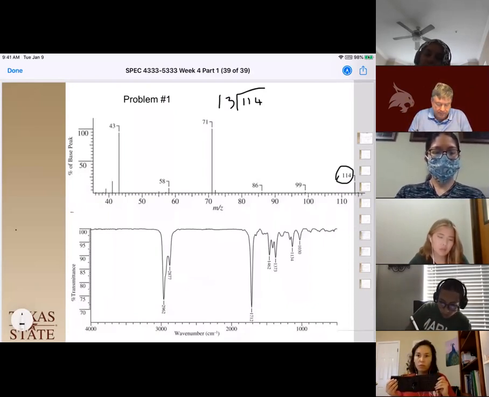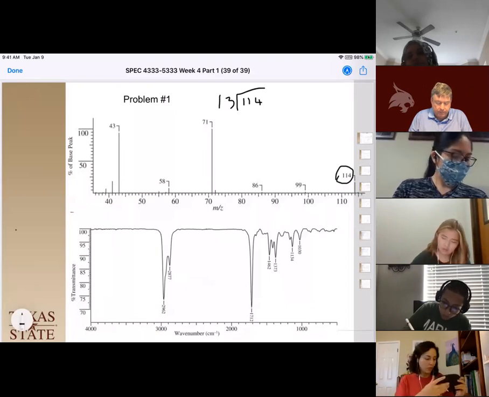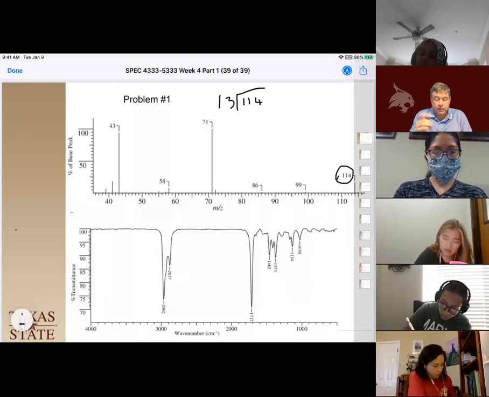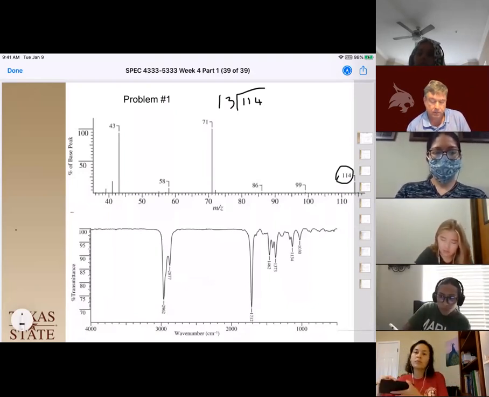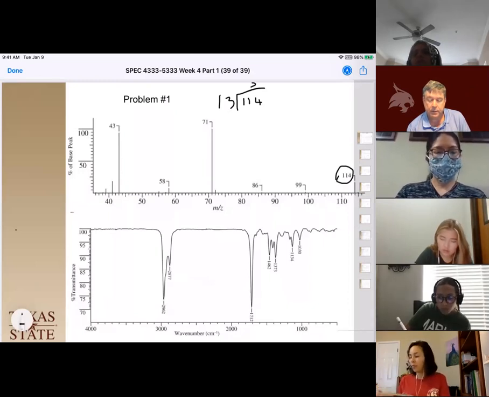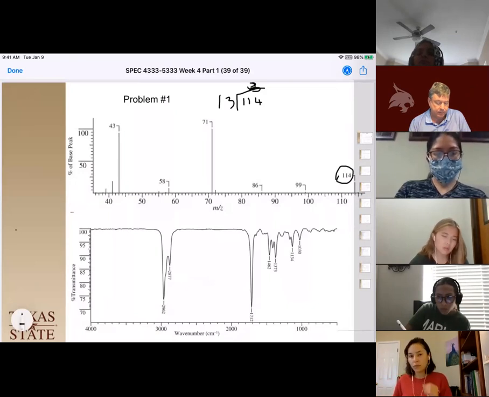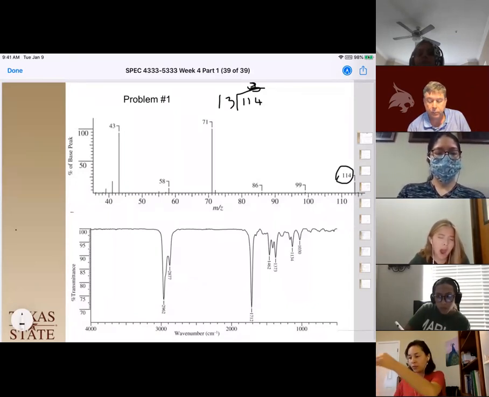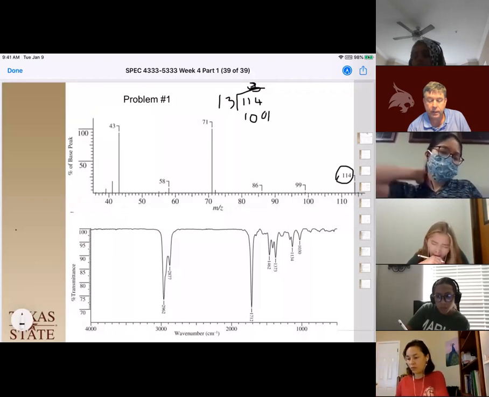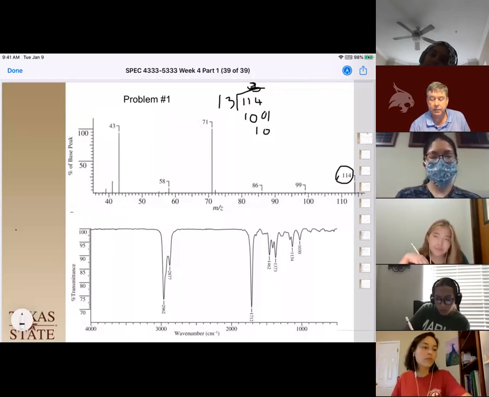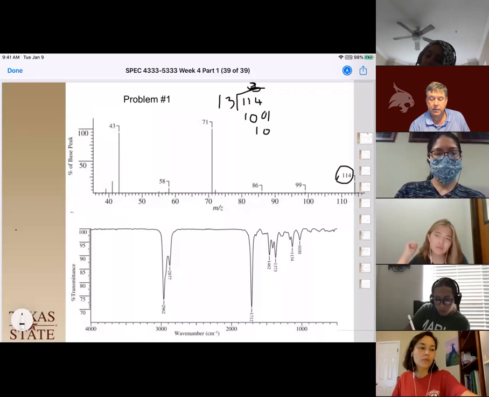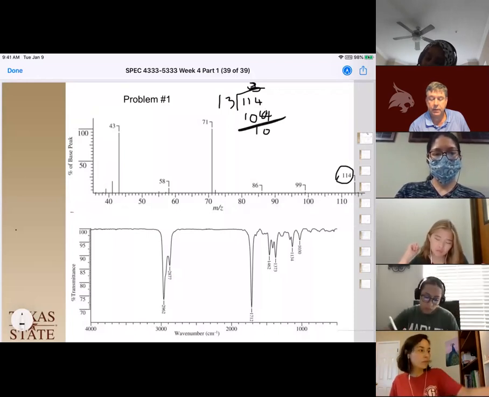So, 114 divided by 13 is equal to 8. And let's put the 8 up there. Right there, and so 8 times 13 is equal to 104, which gives us 10 as our remainder here.